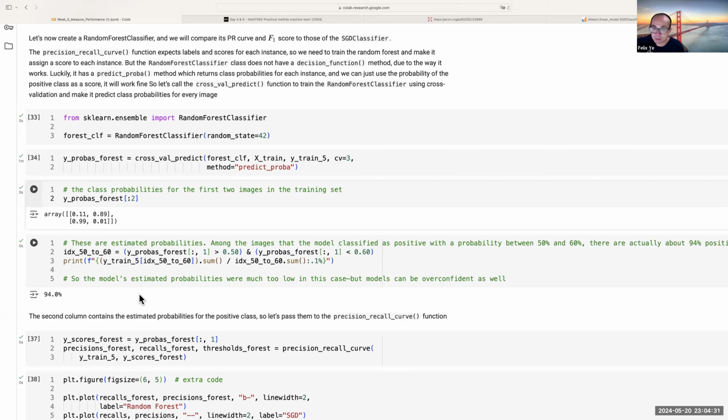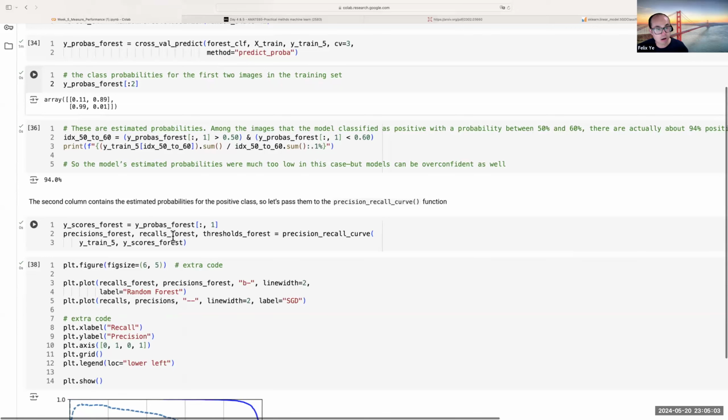That means we are not very confident. For the random forest, most of the images identified as ones have pretty low confidence, only about 50% to 60% probability. So what we got, 0.89 probability for this one, is purely luck as well.